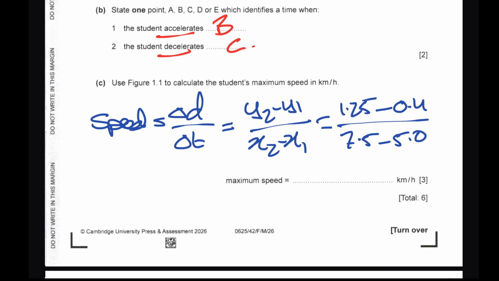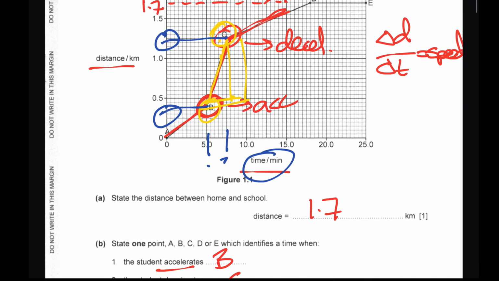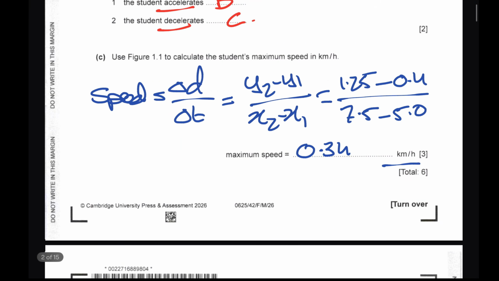If you do the calculation, you're going to get a speed of 0.34 kilometers per minute. Keeping in mind that the units are in minutes on this side and kilometers on this side, you have to convert this into hours, right?